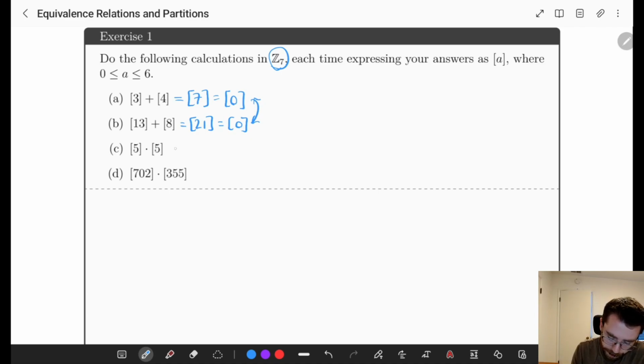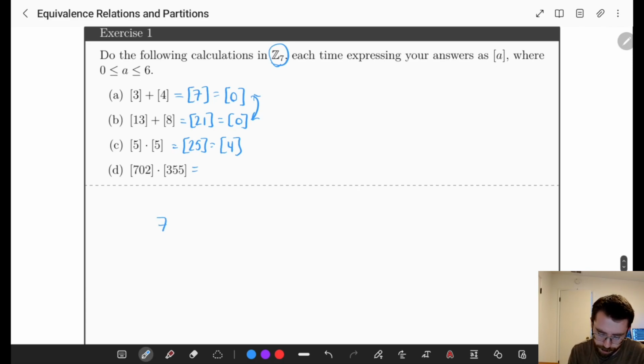How about 5 times 5? Well, that would be 25. Again, I can work mod 7. So I subtract a multiple of 7, say subtract 21, and I get the equivalence class of 4. How about this? This looks beefy. Pretend we don't have calculators, and we don't want to do long division, because that's annoying. It turns out you can also reduce this mod 7 and this mod 7 before you multiply them. 702 is 2 more than a multiple of 7.